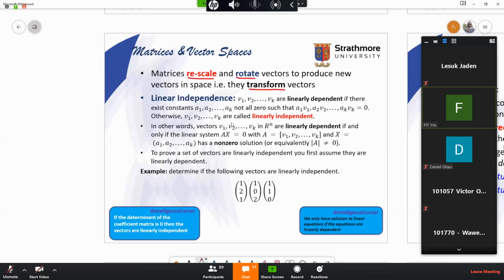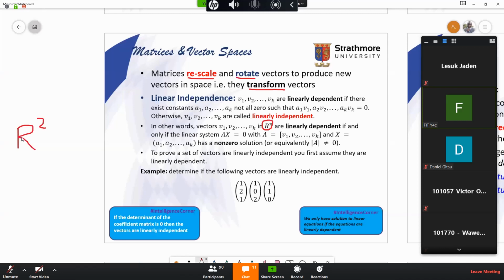Sometimes they can take a vector from a two-dimensional space and take it to a three-dimensional space or vice versa. So anytime a vector or a matrix is found in a two-dimensional space, we are always going to write that as R2. So we say the matrix or the vector is spanning R2. We actually mean it is a two-dimensional space.